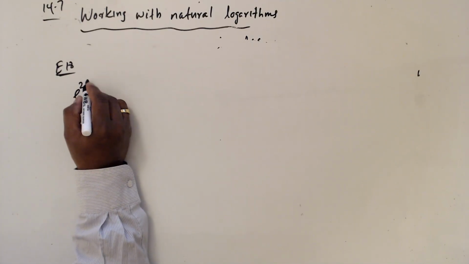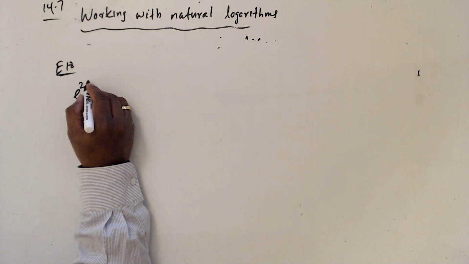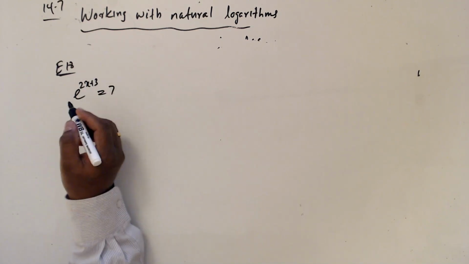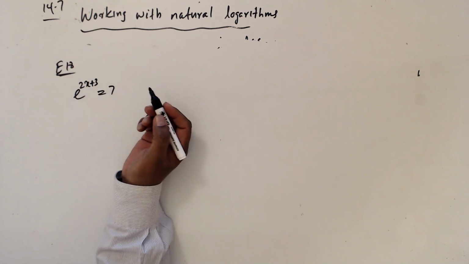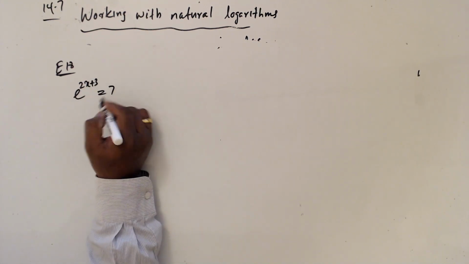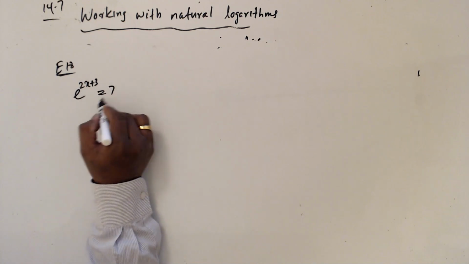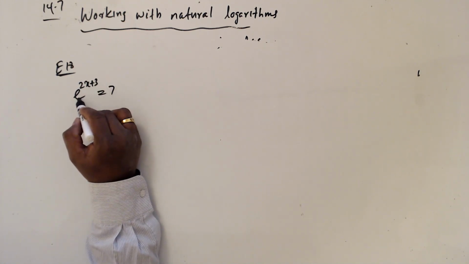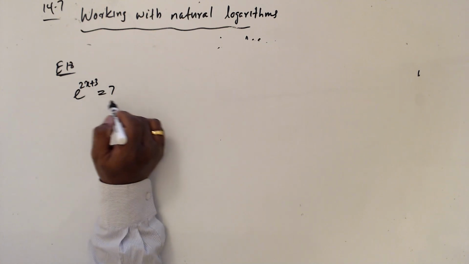Example 18e: e to the power 2x plus 3 equals 7. So we can come in with the first principle. Where is the base? Here we need to jump into the logarithm.